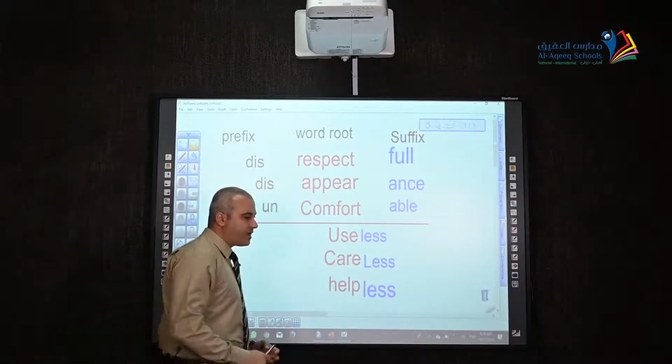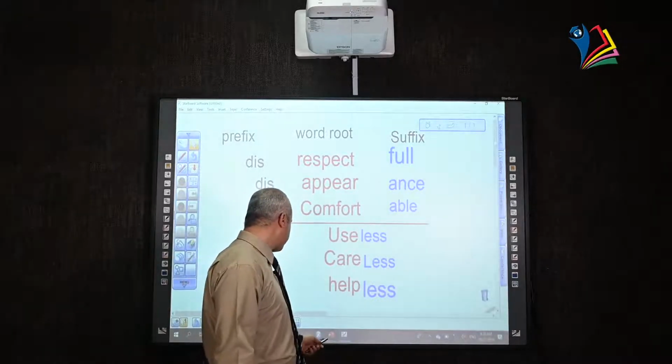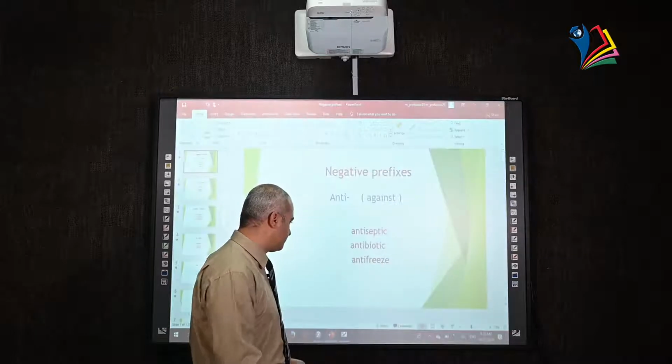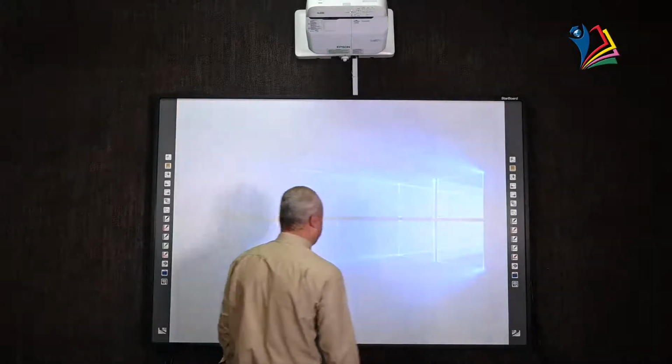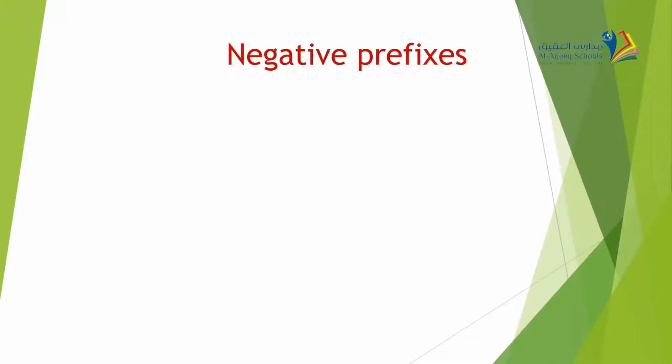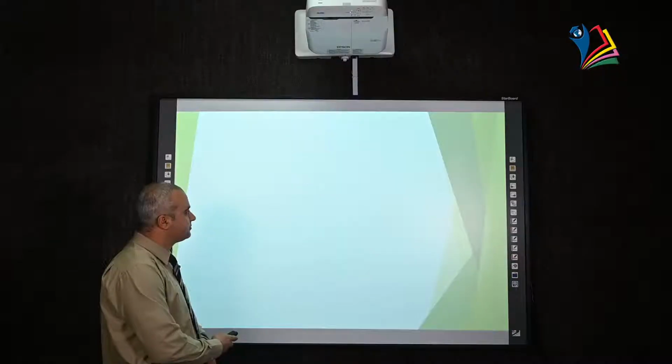Okay. After that, we can have various examples of negative prefixes. Let's begin with the first negative prefix. Anti means against: antiseptic, antibiotic, antifreeze.